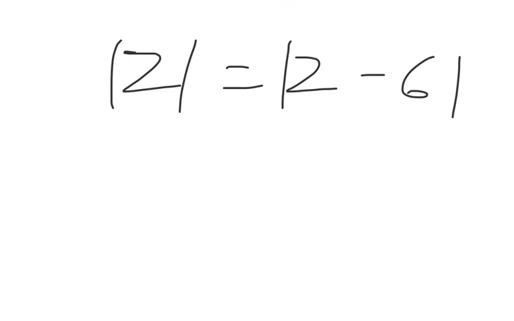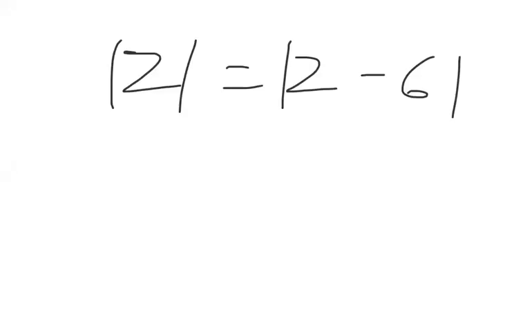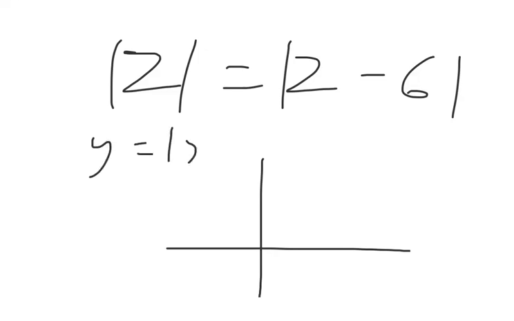Okay, so we draw back our axes, and we know that z minus 6, let's say, equals 0. We're going to split this up into 2 equations, y equals modulus z, and y equals modulus z minus 6.